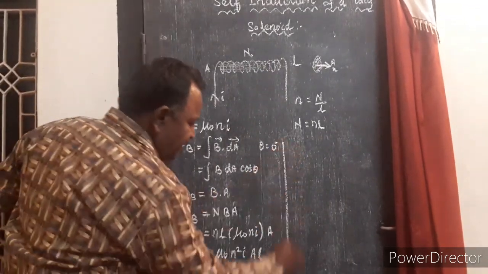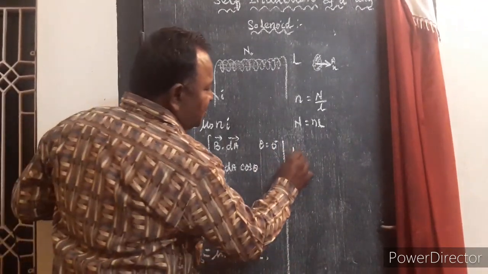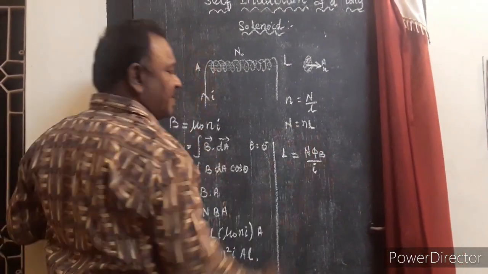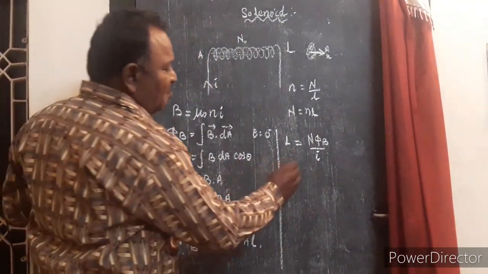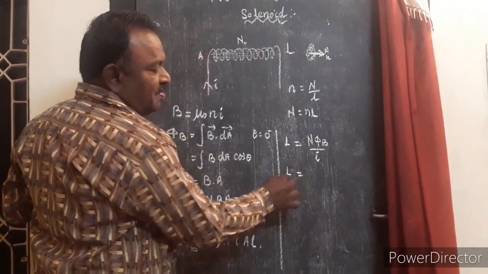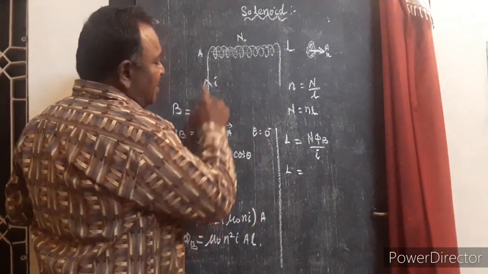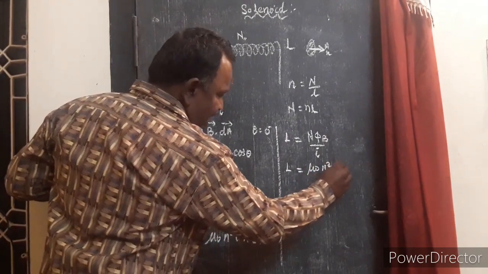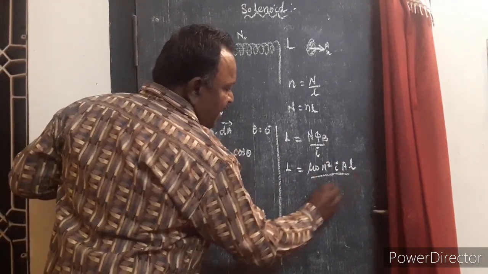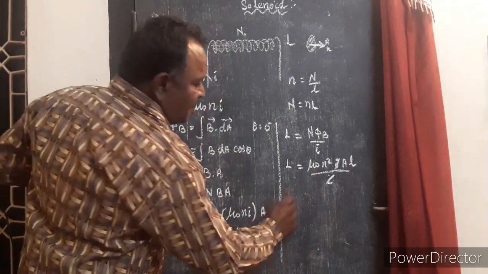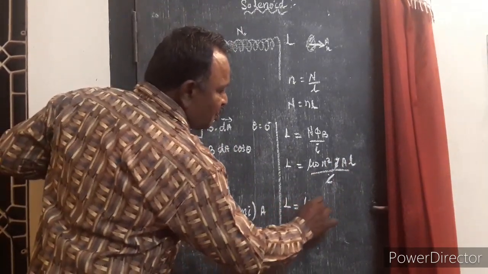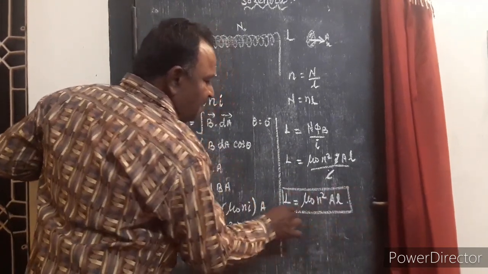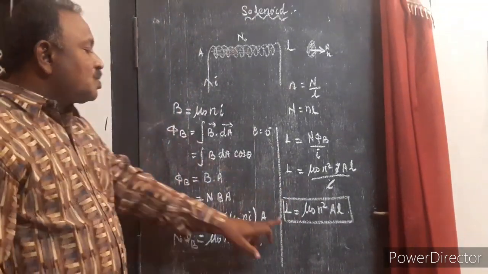Already we have seen that L is equal to N phi B by I. Substituting that value, the coefficient of self-induction of this solenoid is given by mu naught n square I A L by I. This I and I get cancelled. So L is equal to mu naught n square A L. This is the self-inductance of a long solenoid.